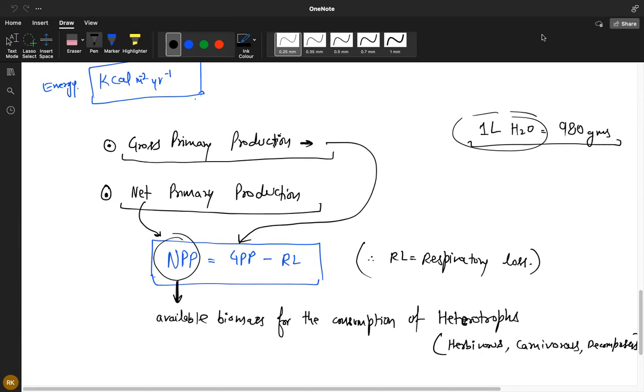Energy also, biomass and energy you did, right? Okay, cool. So you have not started with ecological succession and nutrient cycling, right? No, sir. Okay, cool. So we'll do that in the next class. Just revise whatever you have done today and yesterday. And then we'll talk about pyramids, all kinds of pyramids.